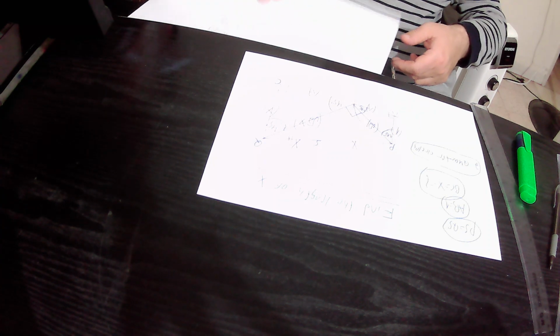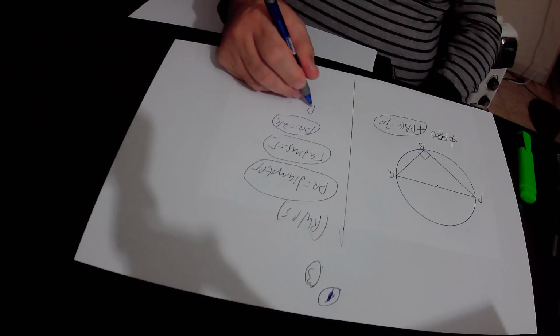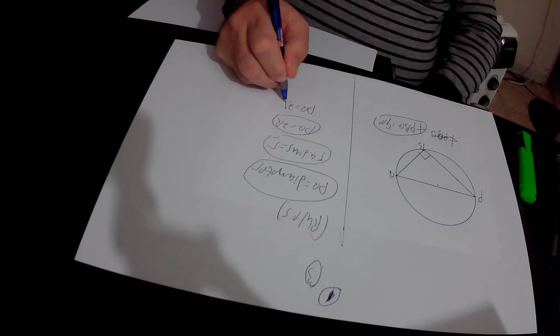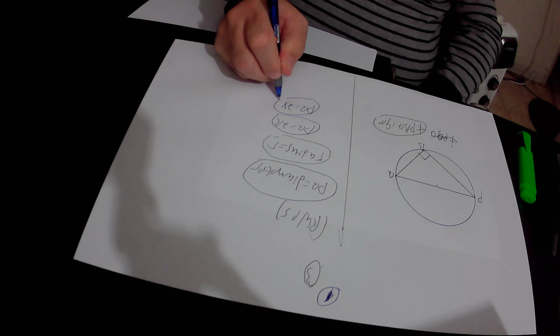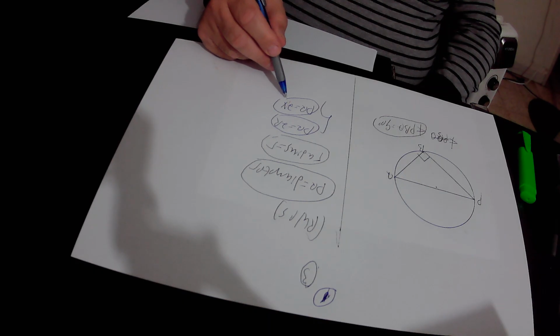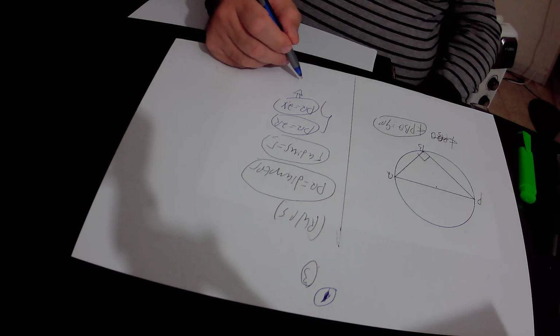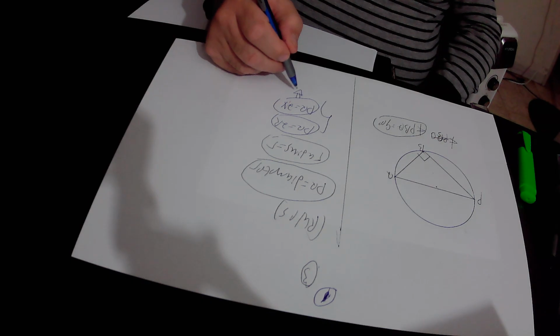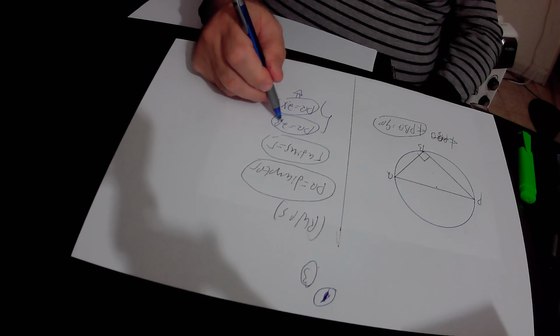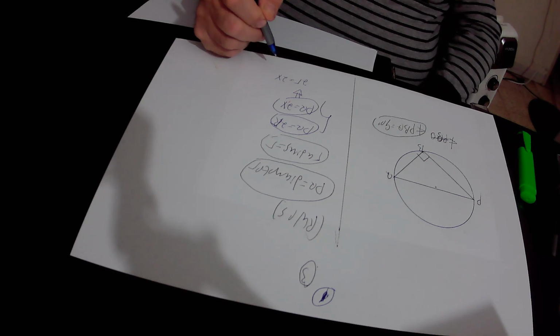So from the other side, PQ equals 2X. And from those two equations, PQ equals 2R and PQ equals 2X, we will derive that 2R equals 2X.